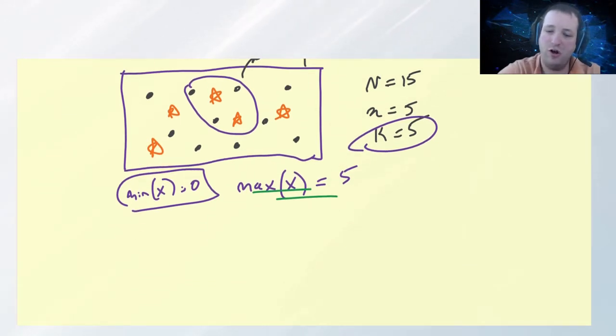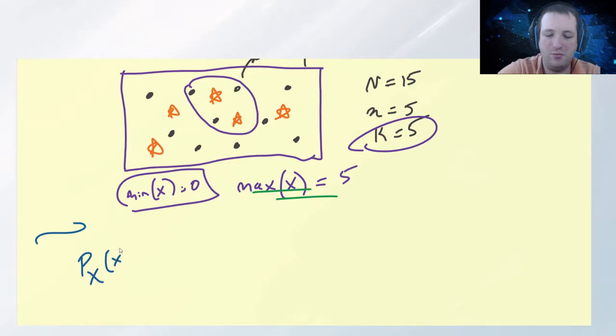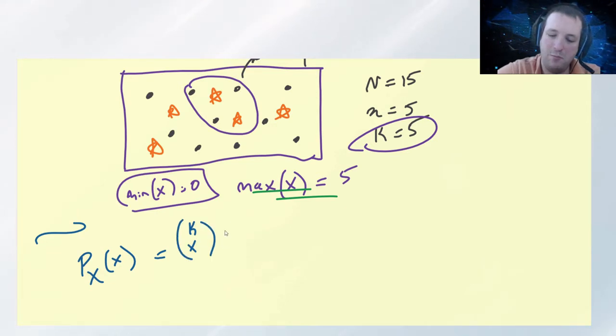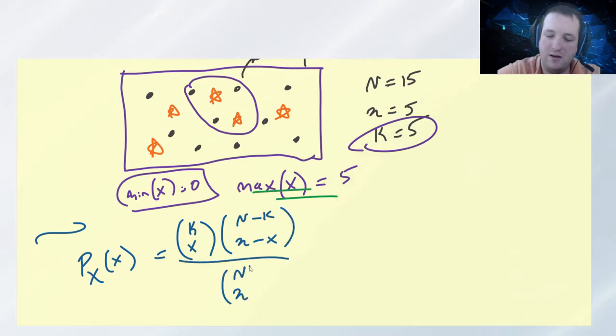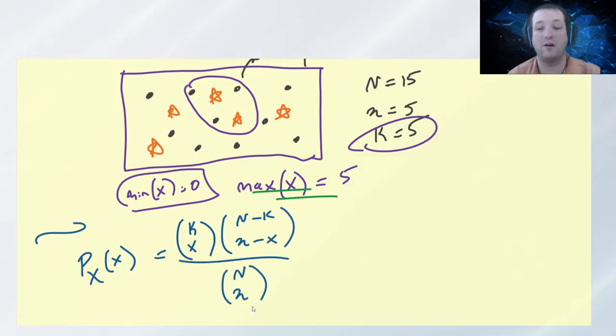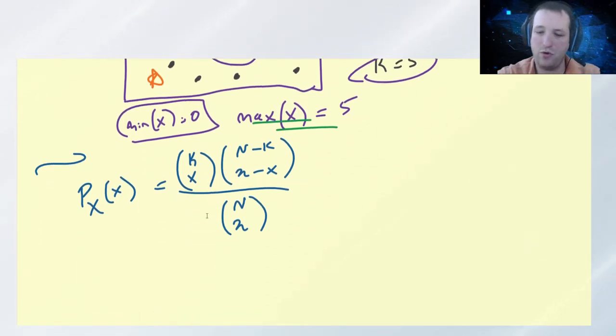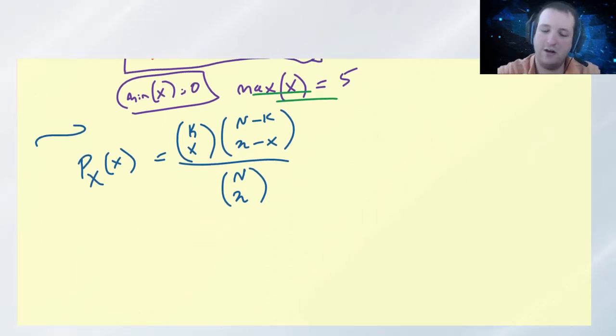So one can show via a combinatorial argument that the distribution associated to this random variable x is going to be equal to k choose x multiplied by N minus k choose little n minus x, all over capital N choose little n. And all of these are combinations, of course. So what exactly are we looking at here?